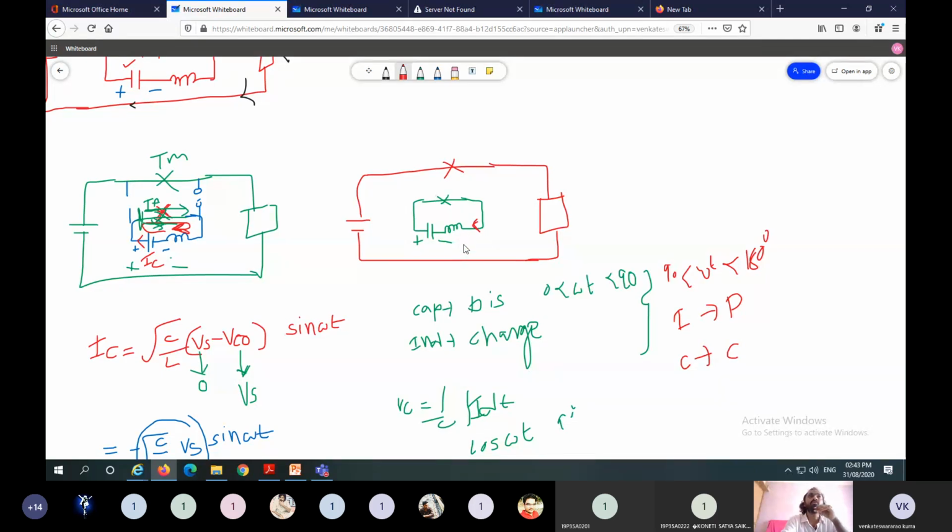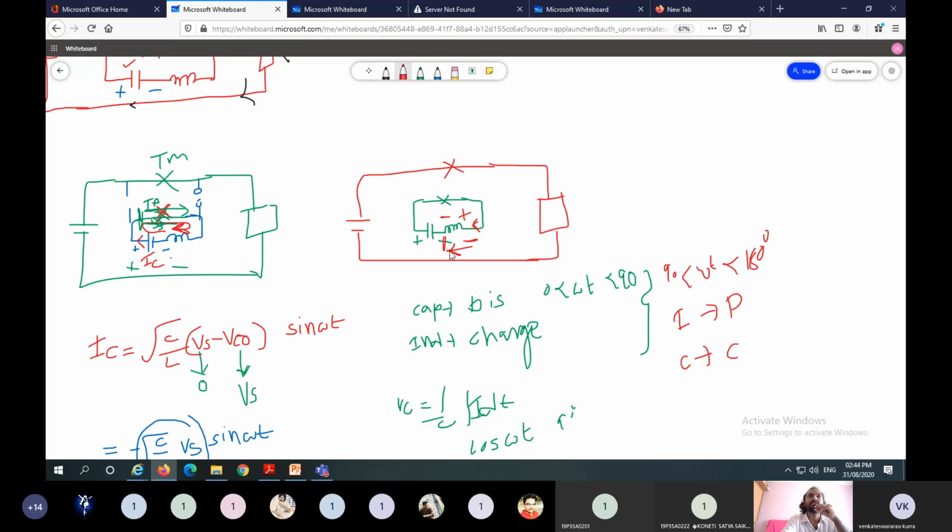During charging the polarities are like this. This one is the voltage polarity of the inductor during charging. During discharging, the polarities are like this. This one is minus, this one is plus, and this one is the direction of current.